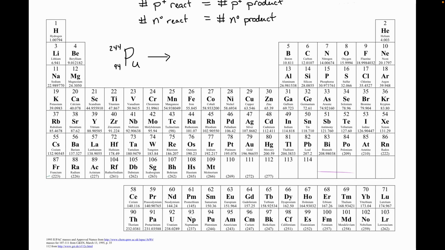If plutonium breaks up into a cobalt-60, tell me what my other fragment must be here.